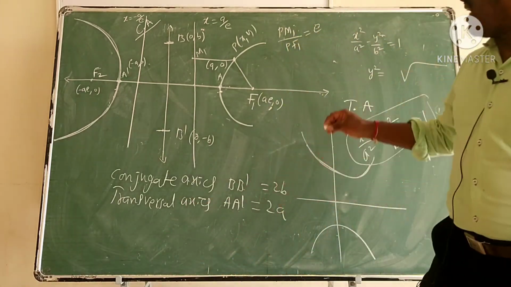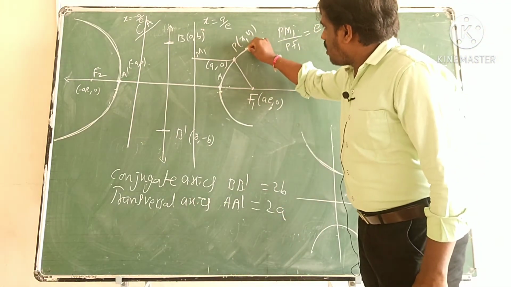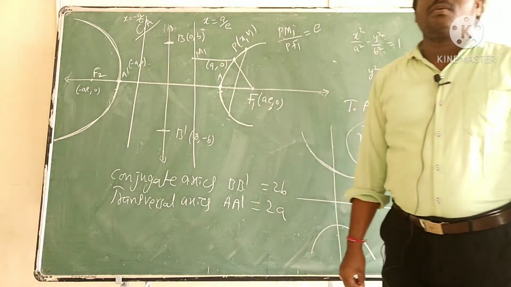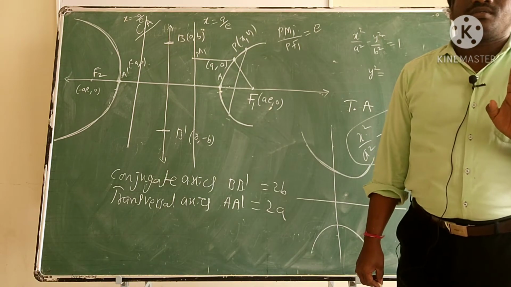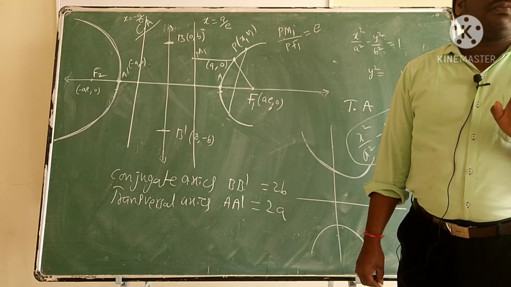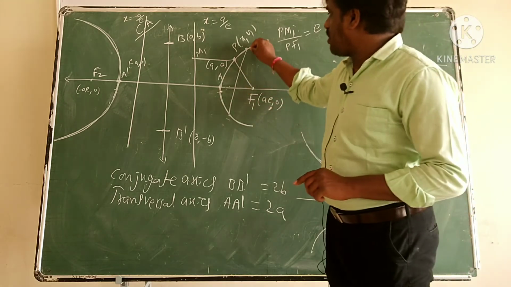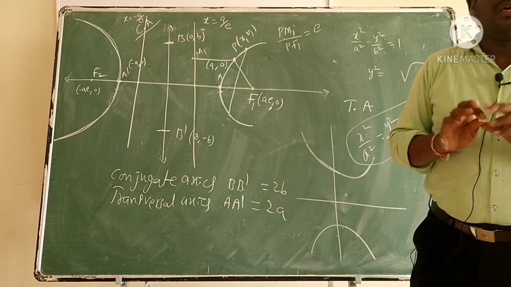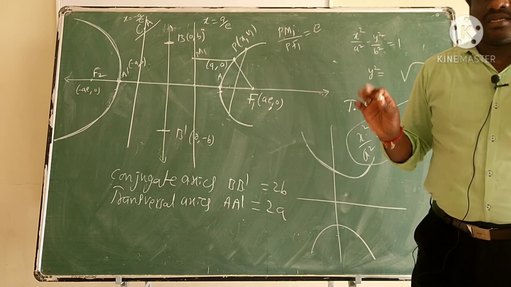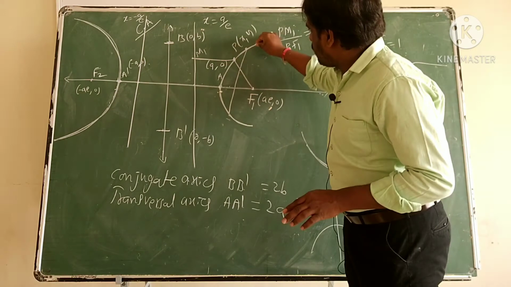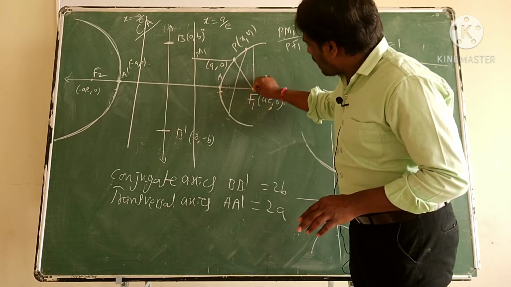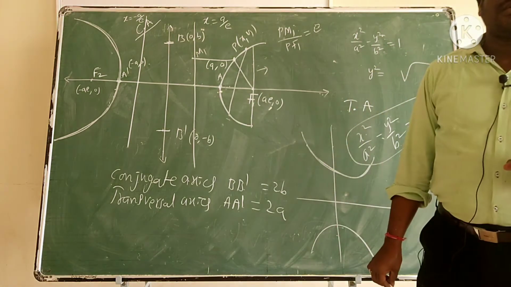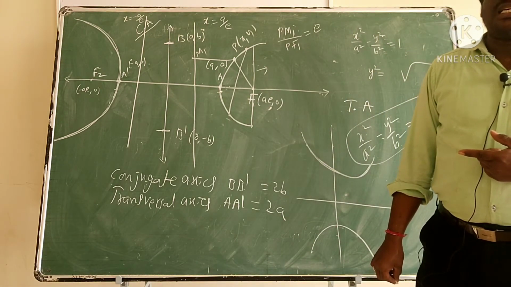See here, if any line is joined on this hyperbola, if you join like this, what do we call this? Joining any two points on the hyperbola, that is called a chord. A focal chord is one passing through the focus. If the chord is passing through the focus and is perpendicular, then it is called the latus rectum.